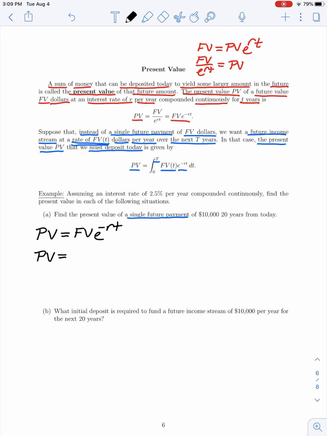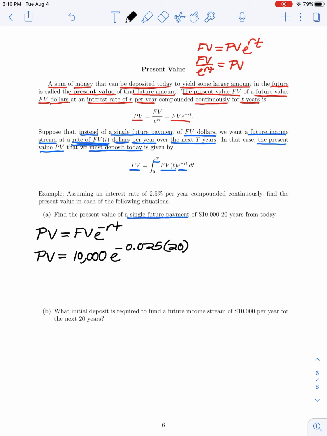So here our present value is given by the future value, which was 10,000 times e to the negative R. So here our interest rate was 2.5%, which as a decimal is 0.025 times t, and the number of years that we're passing before we make that withdrawal was 20.